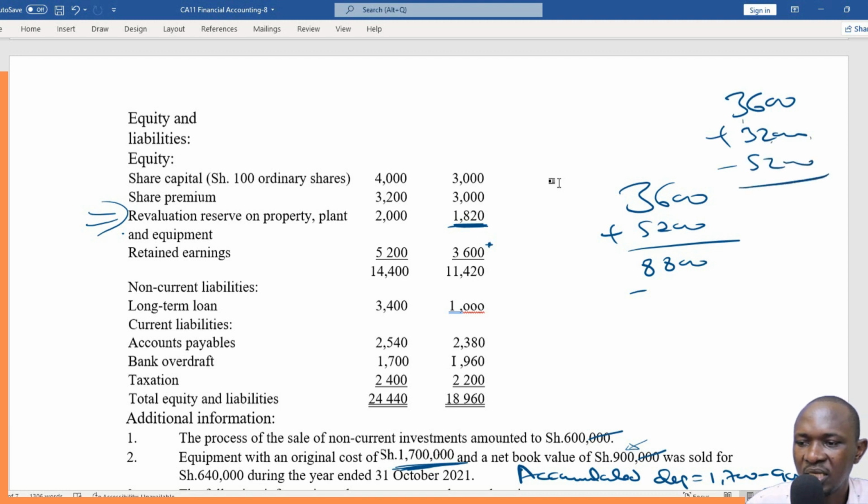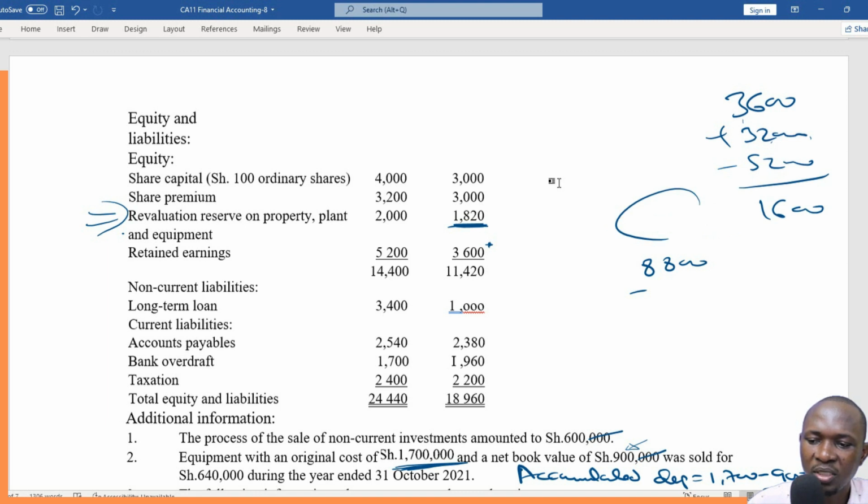This will give you 6.8 minus 5.2, which gives you 1.6. So that's how to go about it. But you can open a ledger just to get it right.